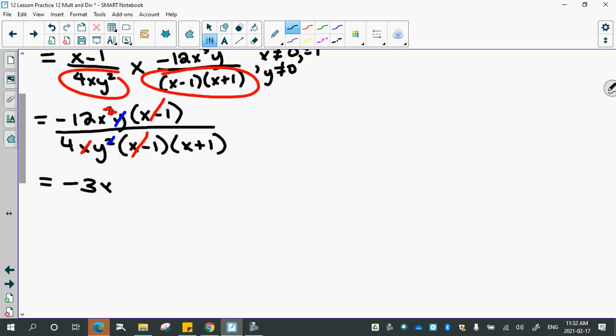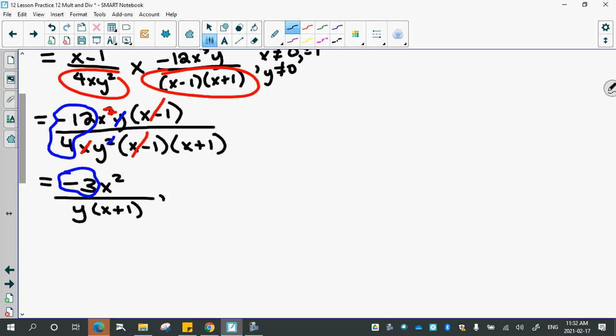X squared, that's it, right? And what's left on the bottom? The 4 is gone because negative 12 divided by 4 is what gave me the negative 3. The bottom is just x plus 1. Almost. And y. There's that y there. So y and x plus 1.